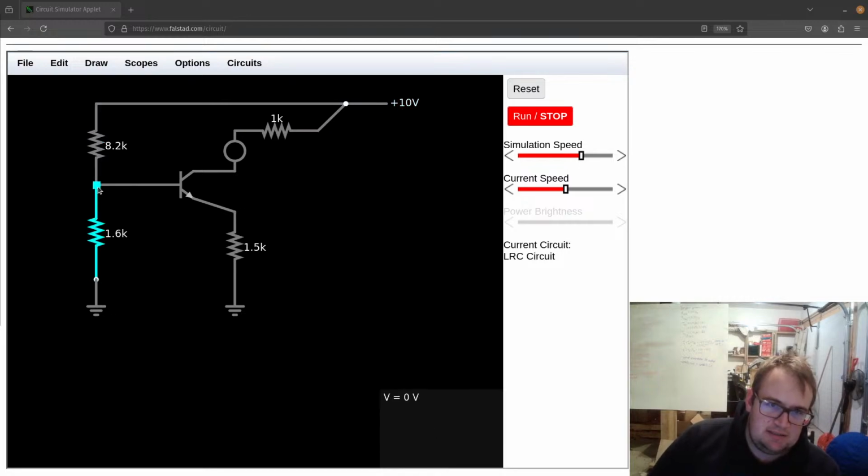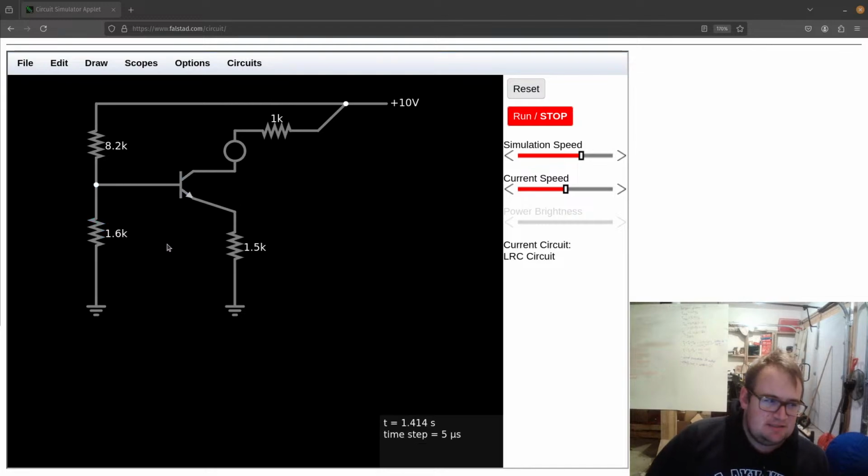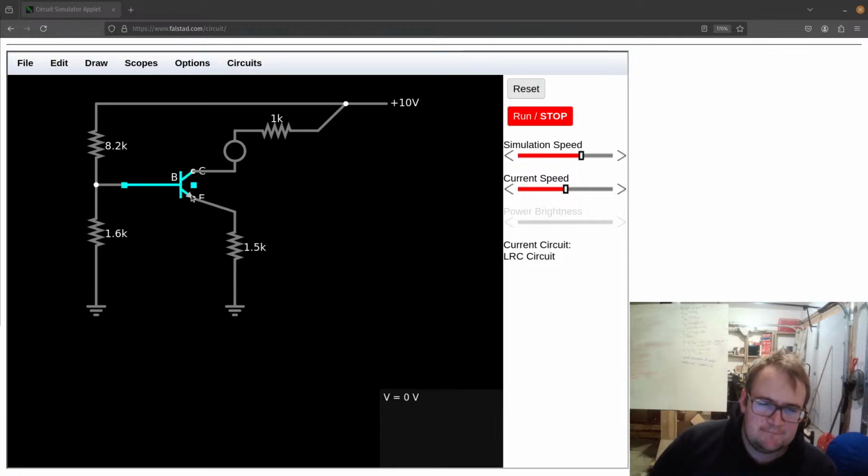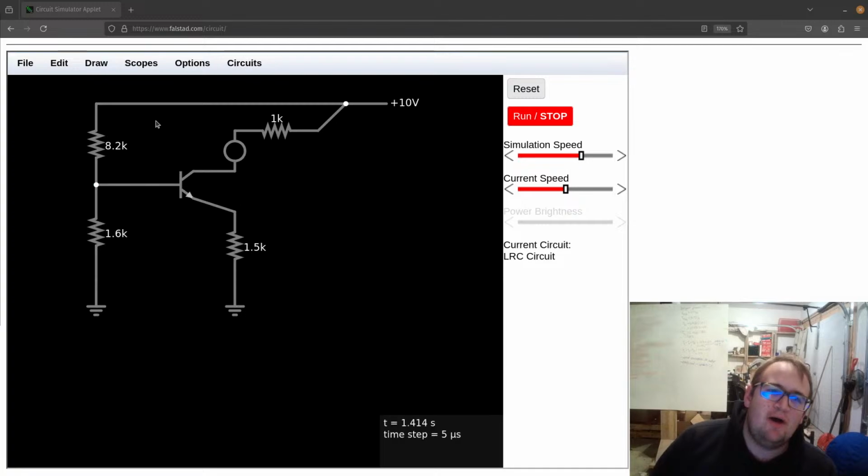That means this would be 1 milliamp traveling down this part of the circuit, going into the base. Now they say to have, no, I see what they're doing here. Okay, we can disregard what I just said.